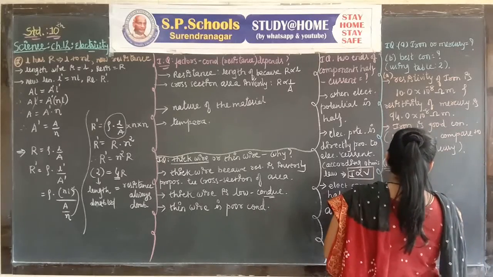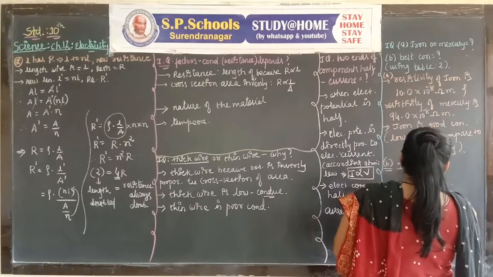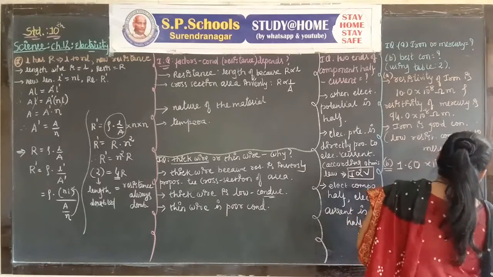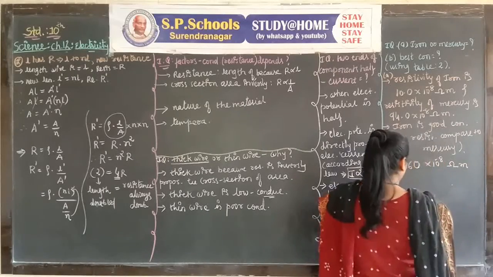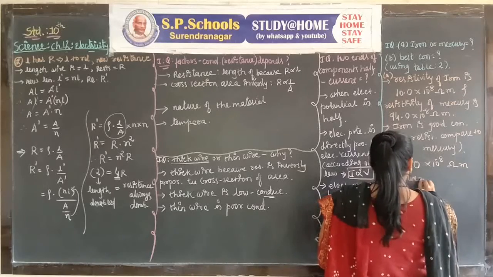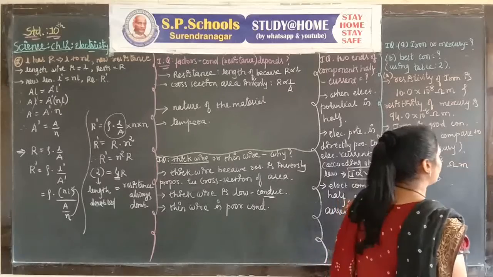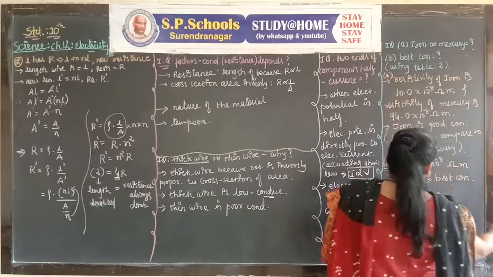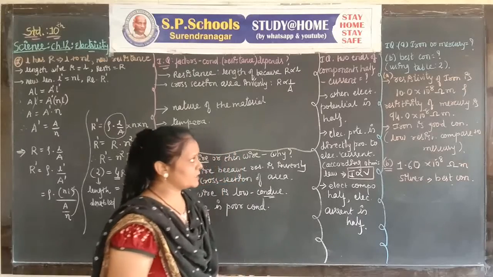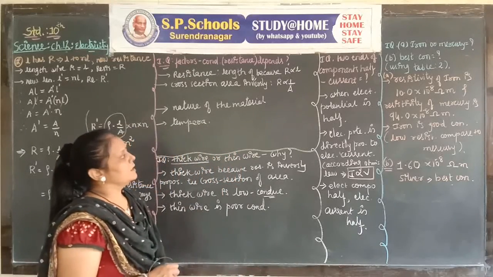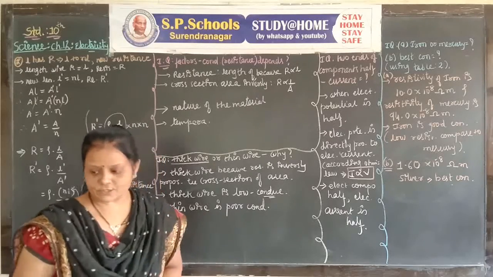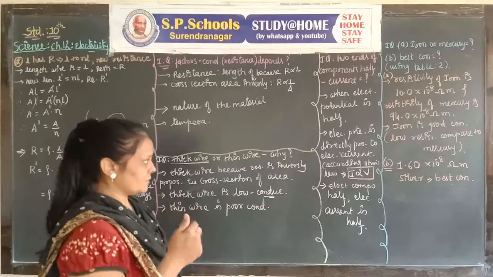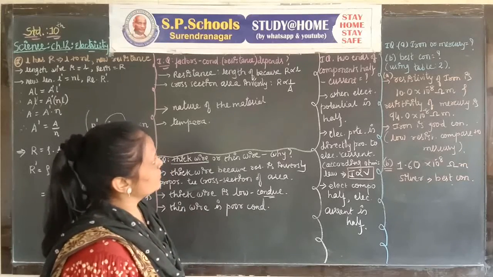In the table we have the lowest resistivity of 1.60 into 10 raised to minus 8 ohm into meter, which is silver, and silver has very low resistivity, so it will be the best conductor, because when the resistivity is high, the conductor is a poor conductor, and when the resistivity is low, it is a better conductor.